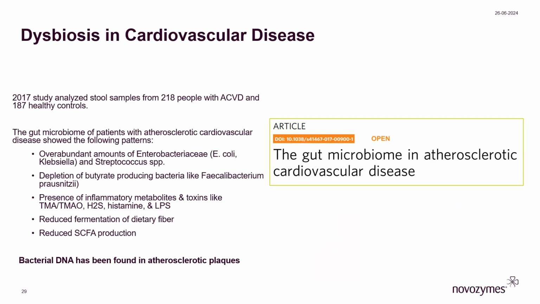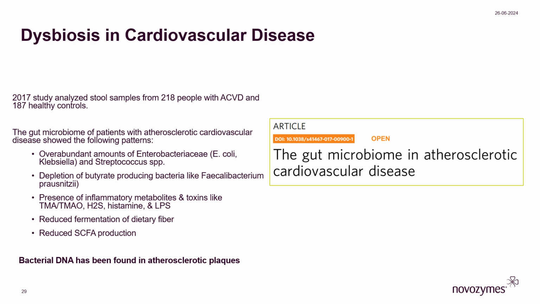Now let's take some time to discuss the impact that dysbiosis has in cardiovascular disease. A 2017 study analyzed stool samples from 218 people with atherosclerotic cardiovascular disease, or ACVD. They also analyzed stool samples from 187 healthy controls.